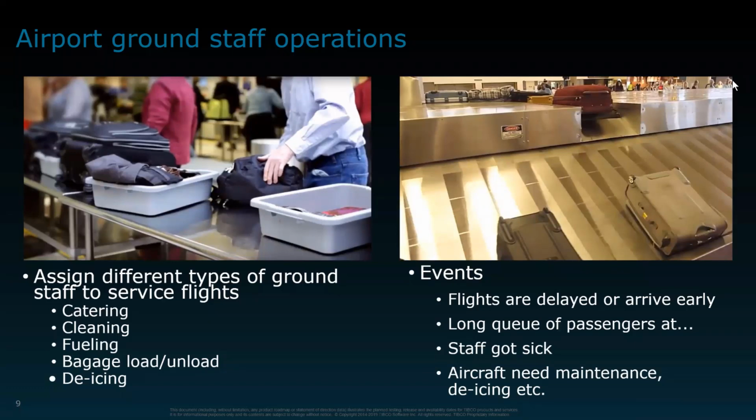Events that cause the changes could be that flights are delayed or arrive earlier than expected, a long queue of passengers at a certain station, and so on. You may have staff needing to get home because they got sick, and you may need maintenance on the aircraft. And de-icing is one of these things that sometimes is not planned for but needs to happen because the temperature suddenly dropped and so on.